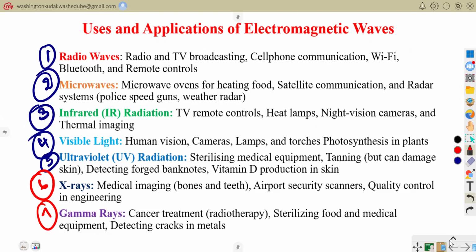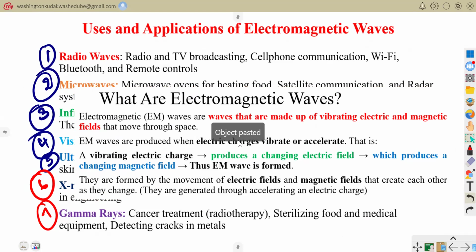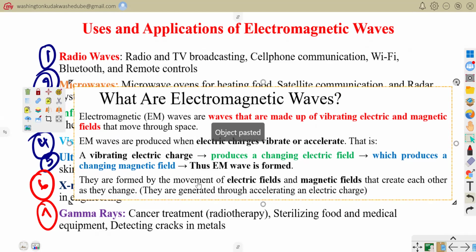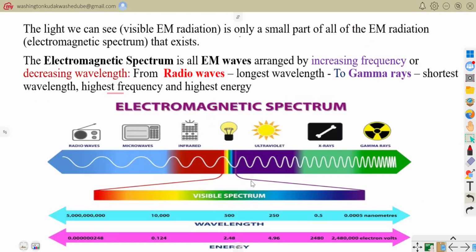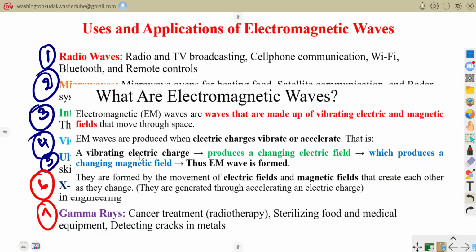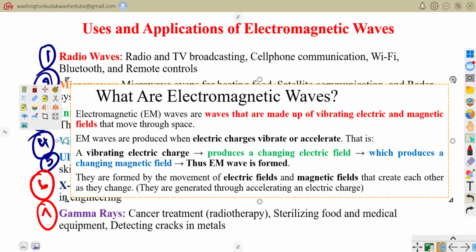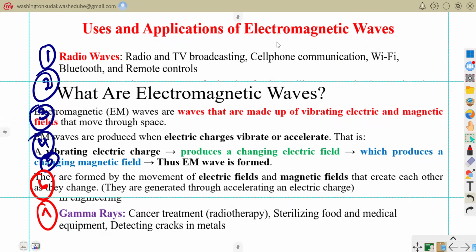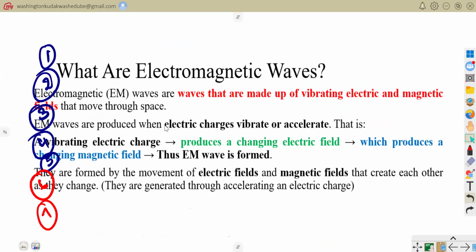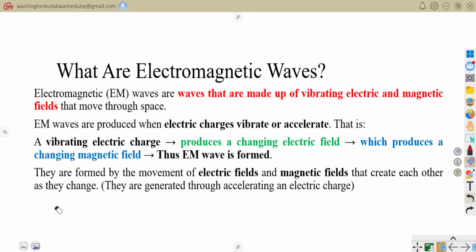So, in summary, we have looked into electromagnetic waves, where we have described electromagnetic waves as waves made up of vibrating electric and magnetic fields that move through space.